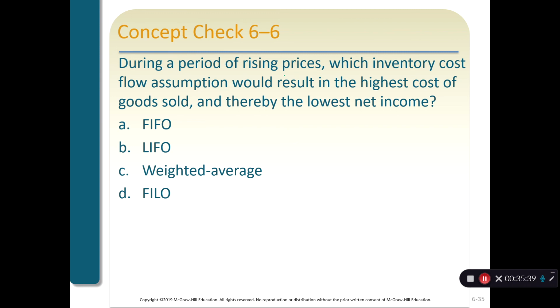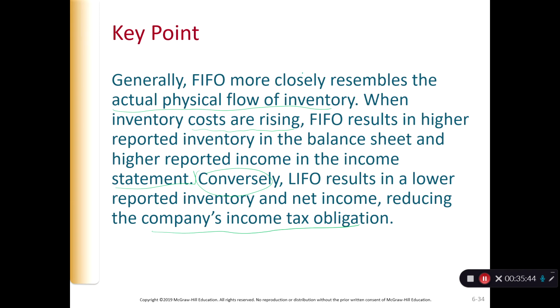During a period of rising purchases, this generally happens when there is a big assumption behind this conclusion: the most recent purchase is more expensive. So this sentence is very important.